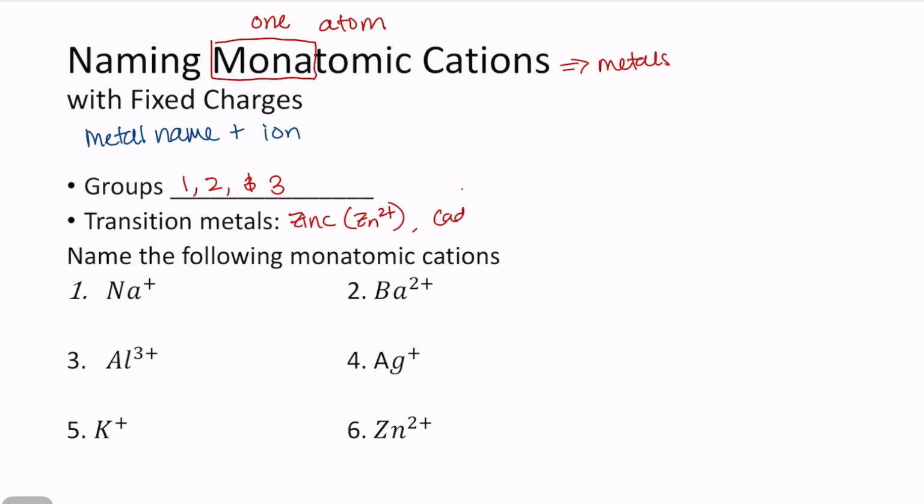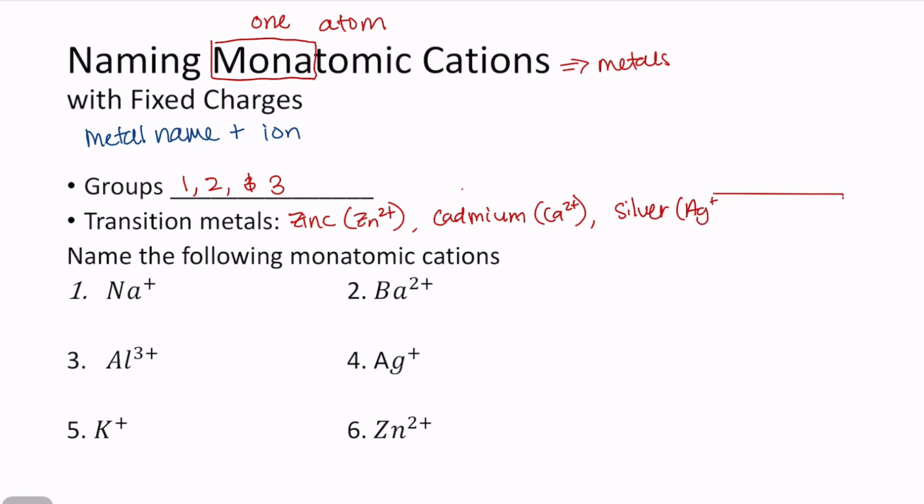Cadmium. Cadmium always has a charge of 2+ as well. And then finally, silver. And silver has a charge of +1.